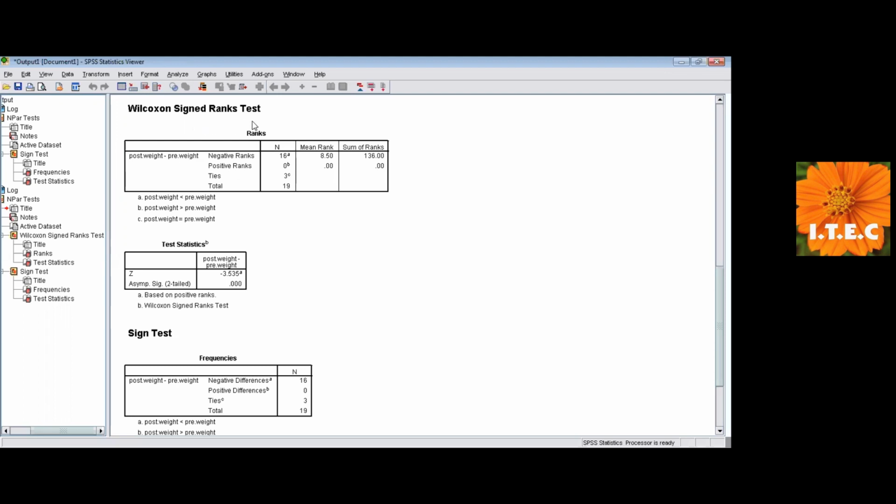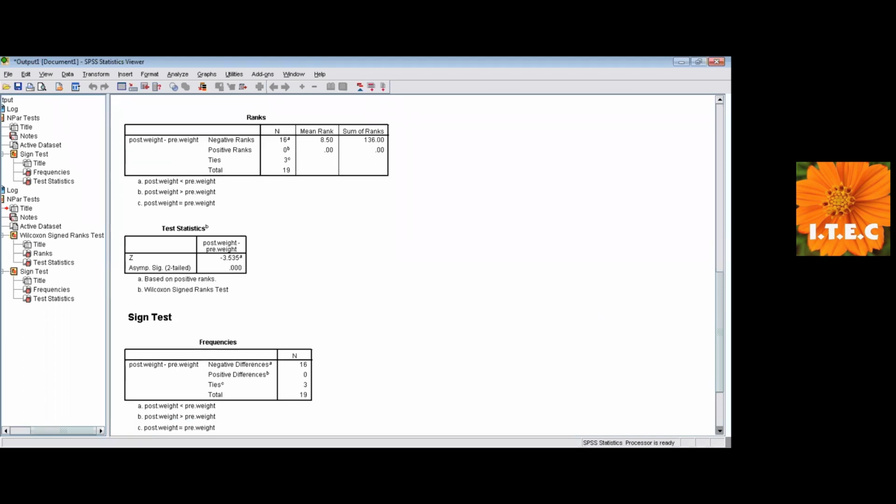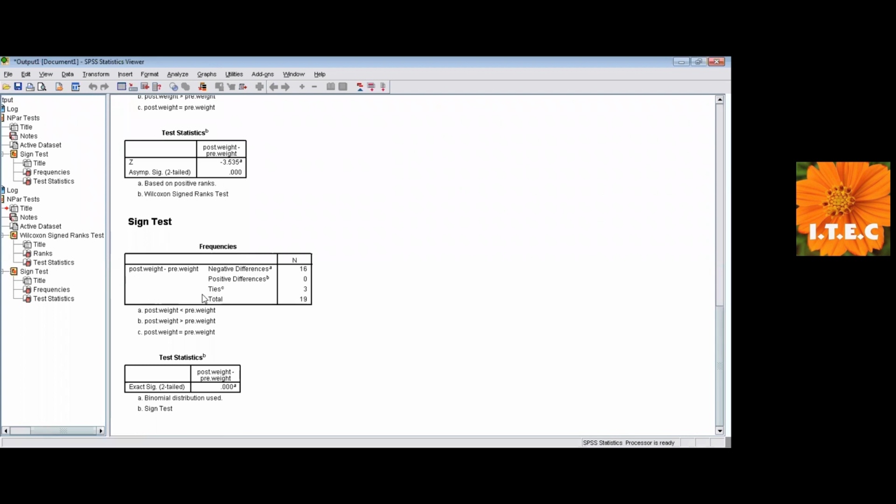This is what the Wilcoxon signed rank test says. Now let us see the answer of the sign test. The sign test also says that the negative difference is 16 and positive is 0, and it is significant. That means the weight of the people has decreased significantly. So it is the same data you are analyzing with the help of Wilcoxon or sign test. It does not matter, the answer will be the same.